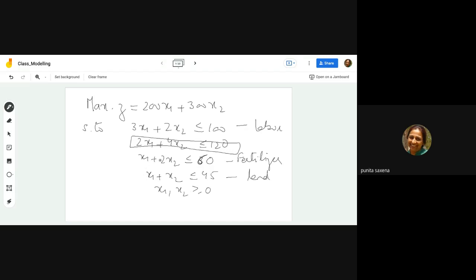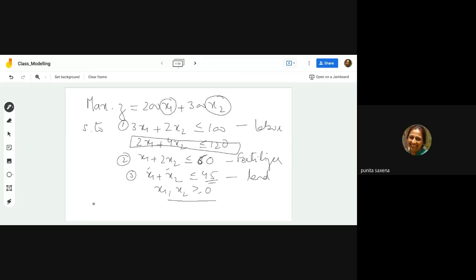Here x1 is the amount of wheat grown and x2 is the amount of corn grown, so the total wheat and corn grown on the land cannot exceed 45 acres. So this becomes your third constraint. This is your first constraint, this is your second constraint, and this is your third constraint. And these are your non-negativity restrictions.